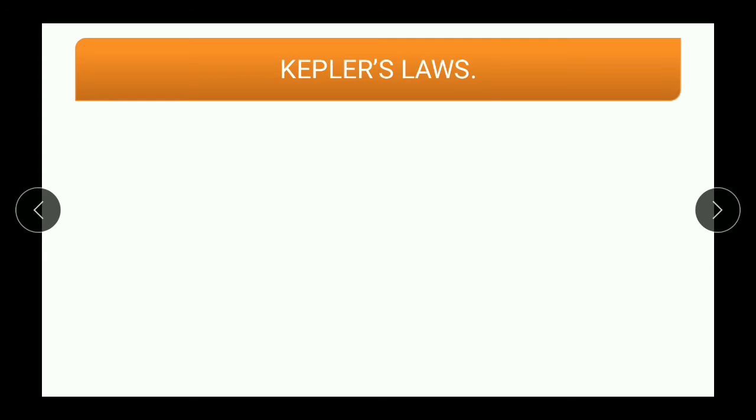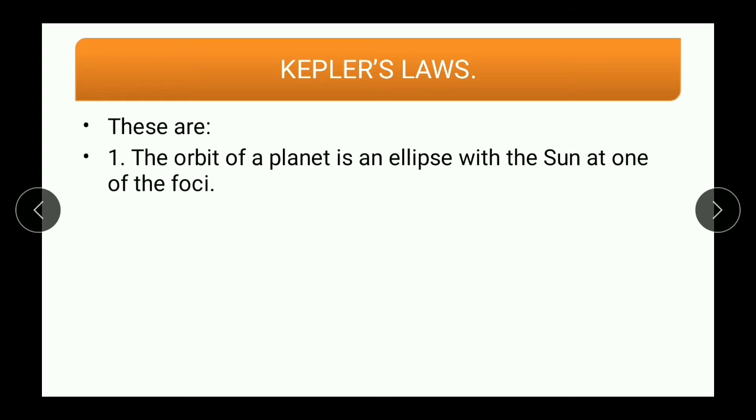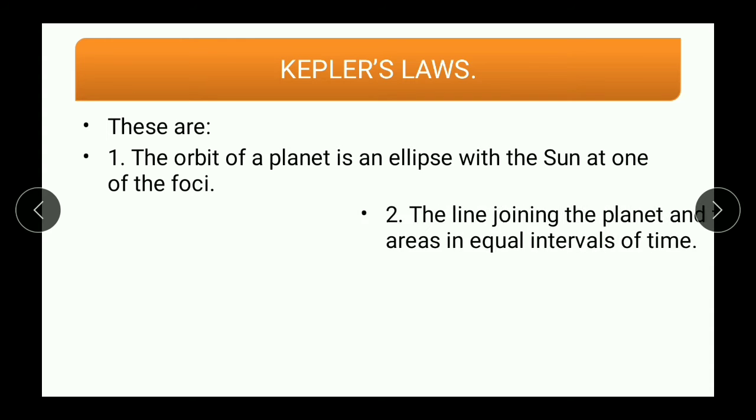Let us see the 3 laws one by one. What is the first law? The first law states that the orbit of the planet is an ellipse with the sun at one of the foci. So the orbit of the planet is not circular, it is an ellipse with the sun at one of the foci. This was the first law stated by Kepler.